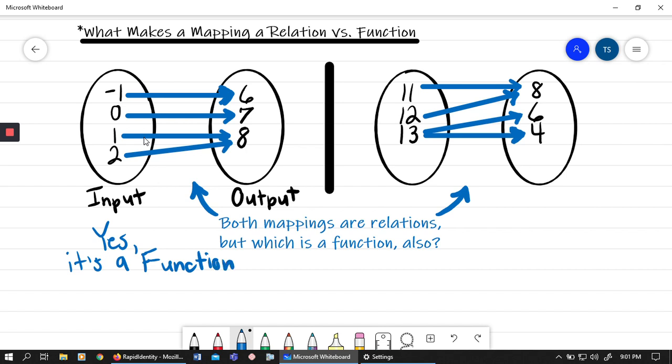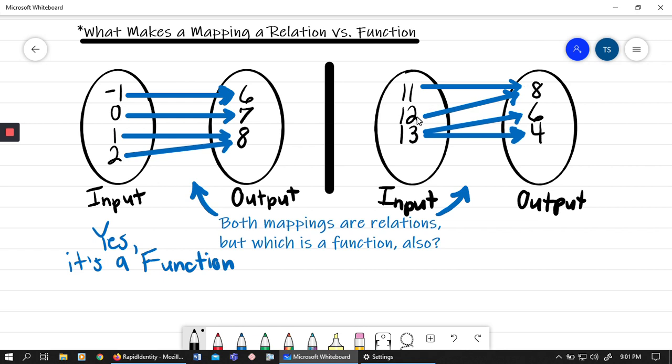When we look at this relation on the right side, you should be able to identify which one is the input and the output based on the direction of the arrows. So each element in the input, let's look at it. When we look at the 11, it is assigned to exactly one element in the output, the 8.